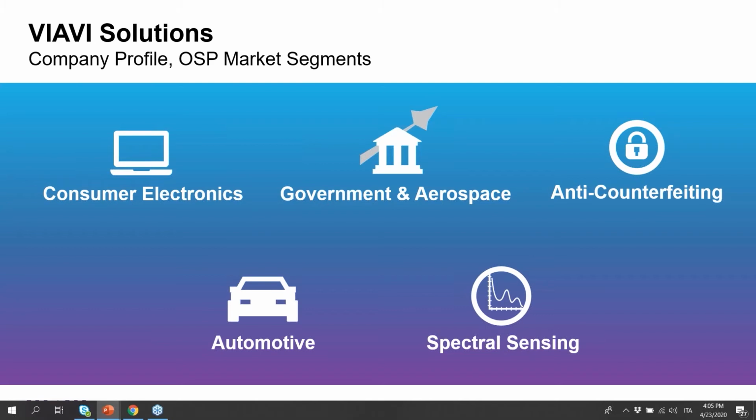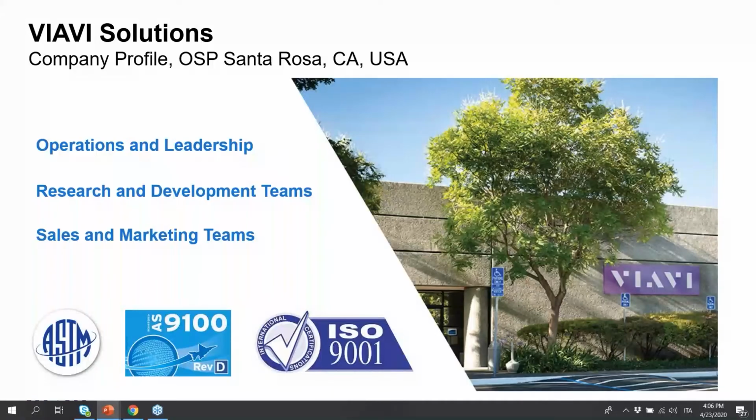The pigment for banknotes is a very important product for us, and also the automotive market. So as you can see, we have a very wide range of applications. The headquarters of the OSP group is in Santa Rosa in California, where we have operations, R&D, and the sales and marketing team.